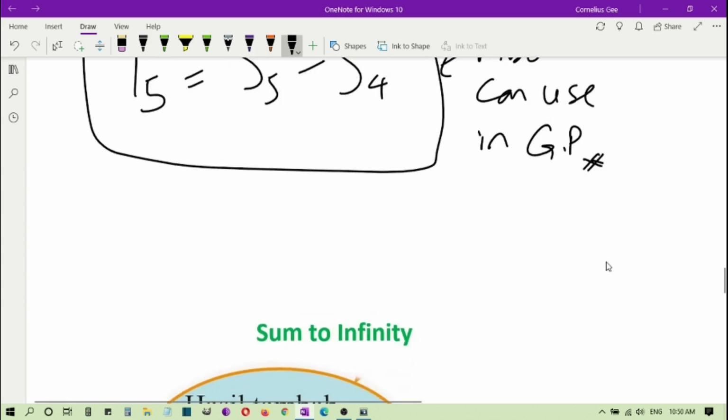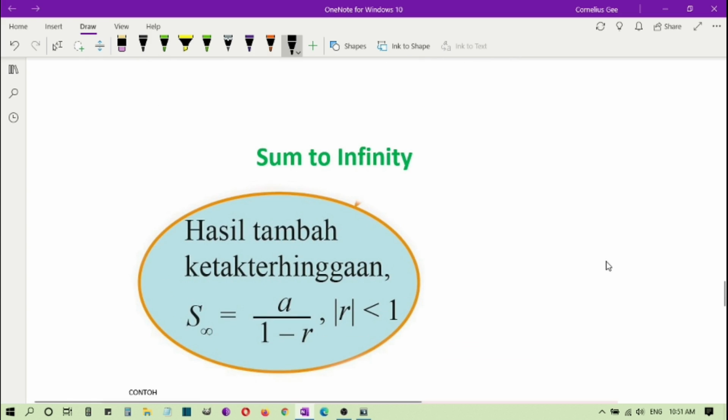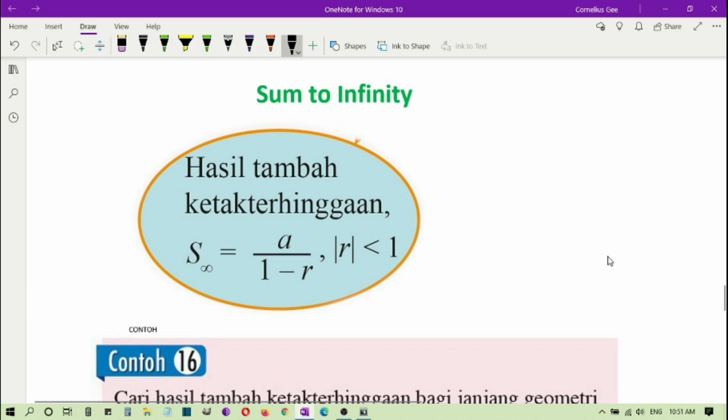And there is another special case, which is the sum to infinity, hasil tambah ke ketakterhinggaan. This is a very popular question, especially in paper 1, where you have n approaching infinity.